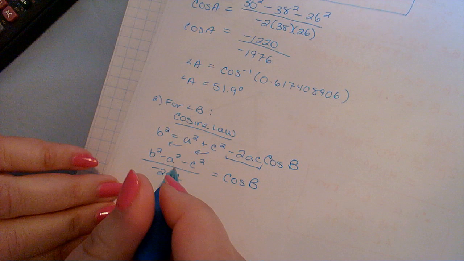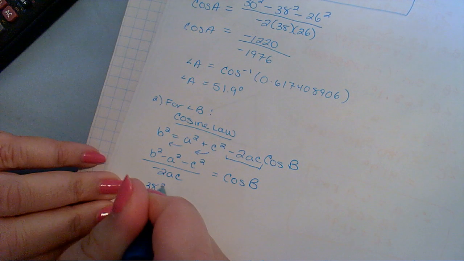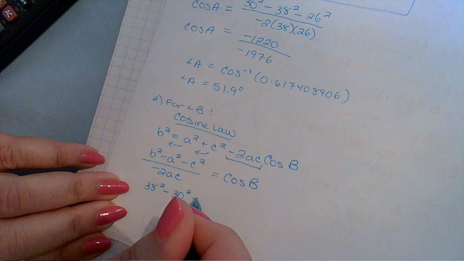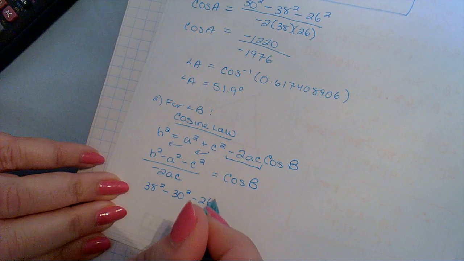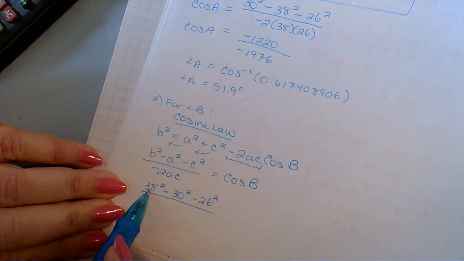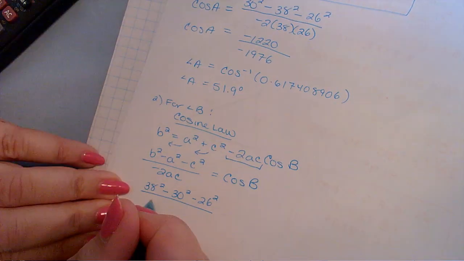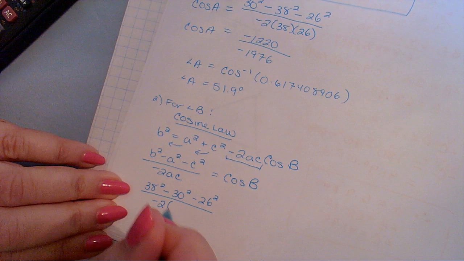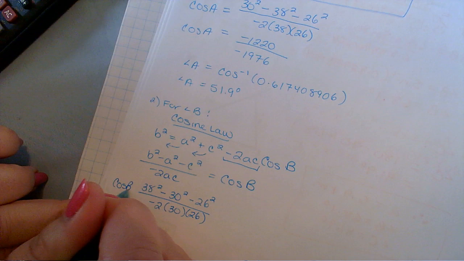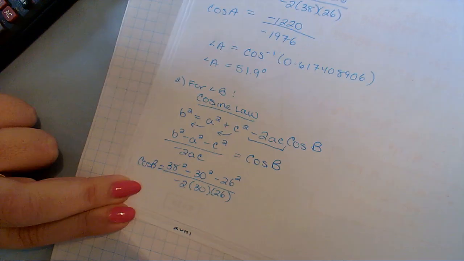Little b was 38, little a was 30, and little c is 26. Make sure that you have them in the correct order. Don't put the 30 in the front and the 38 second. It does make a difference. Negative 2 times 30 times 26. And again, that is cos B, which I'll move to the other side to give me some room.